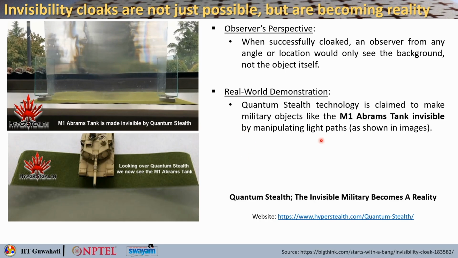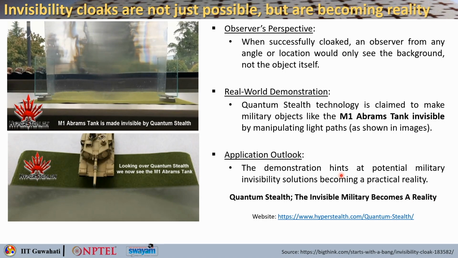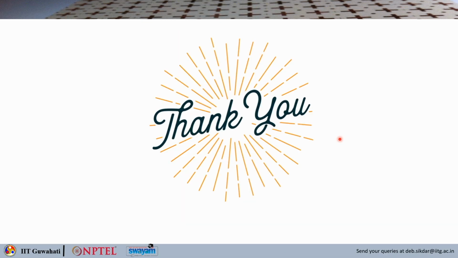So this is the real world demonstration of this quantum stealth technology. They claim to make a military object like a tank invisible by manipulating the light paths, and this kind of demonstration hints that there is a huge potential military invisibility solution coming up, which will change the shape of modern warfare. So with that, I'll conclude this lecture on invisibility cloaks.